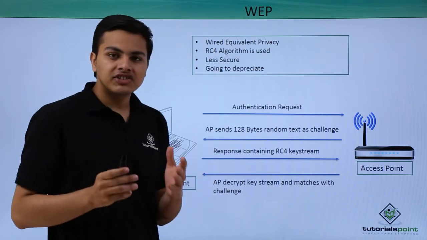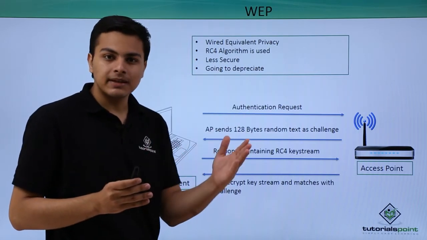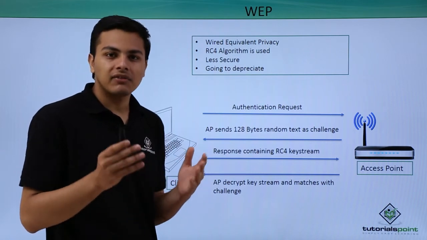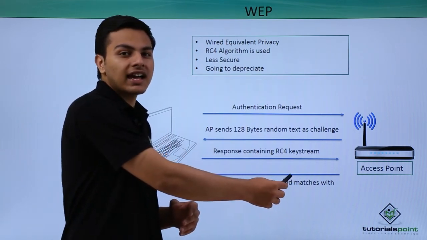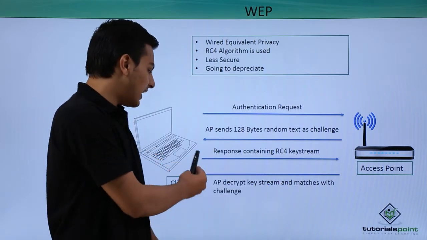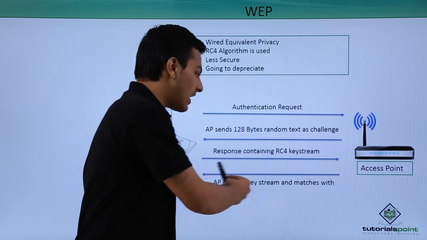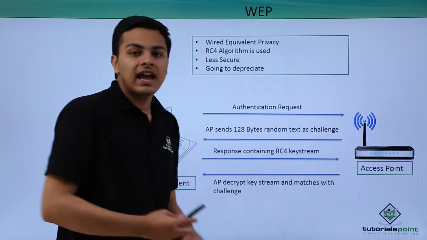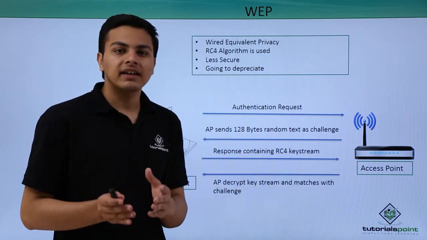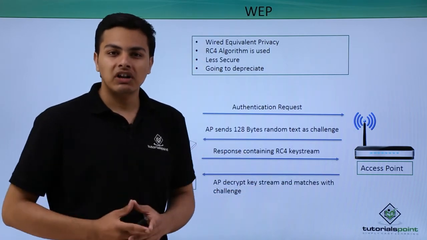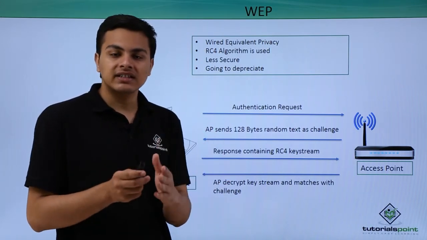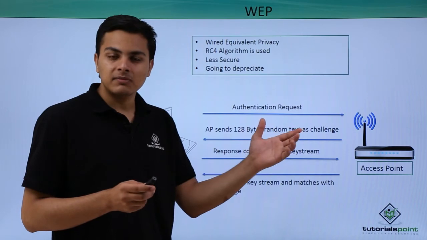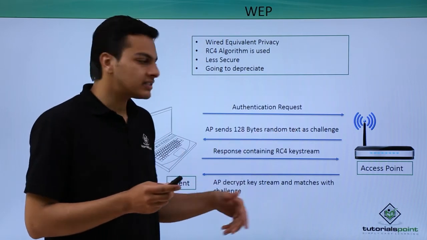Once the client generates a long RC4 key stream after encrypting that challenge, the client will send that RC4 key stream back to the access point. Once the key stream is accepted by the access point, the access point will decrypt the key stream with the key present inside the access point, and then it matches the challenge which it sent in the second step.